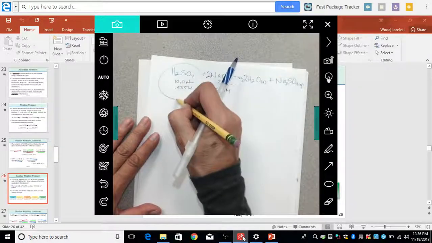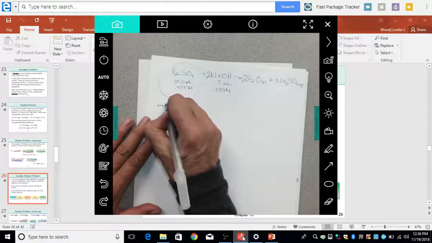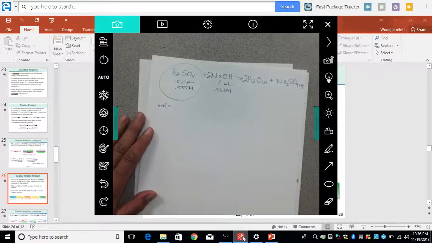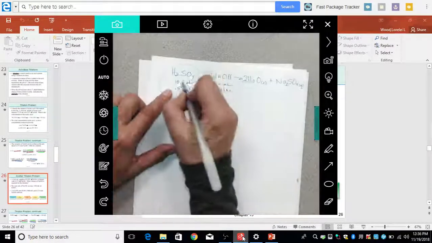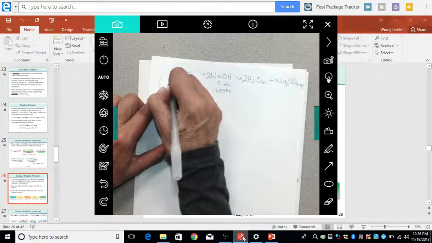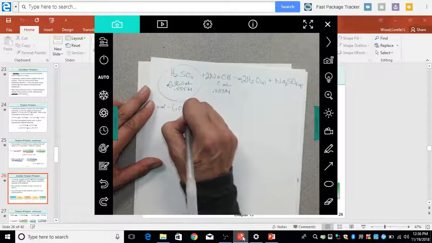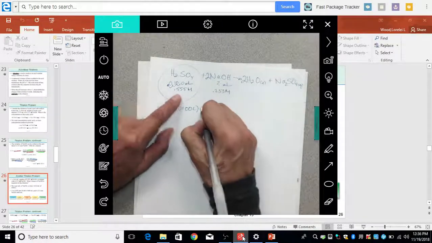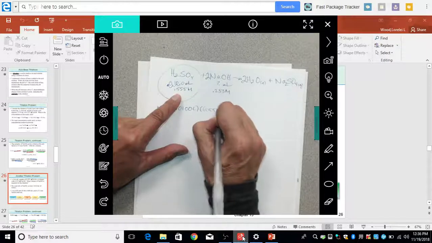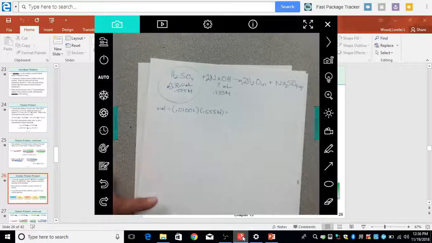Looks like that, right? Moles is going to be equal to what? Liters, so we've got to go 1, 2, 3. So 0.0100 liters times my concentration. Now I think what that means is going to be 0.0555, or 2 O's.